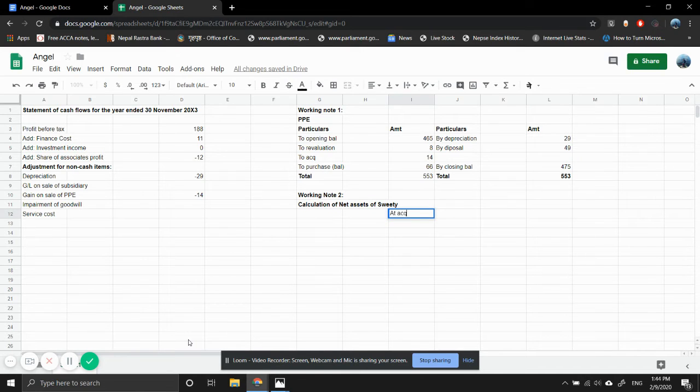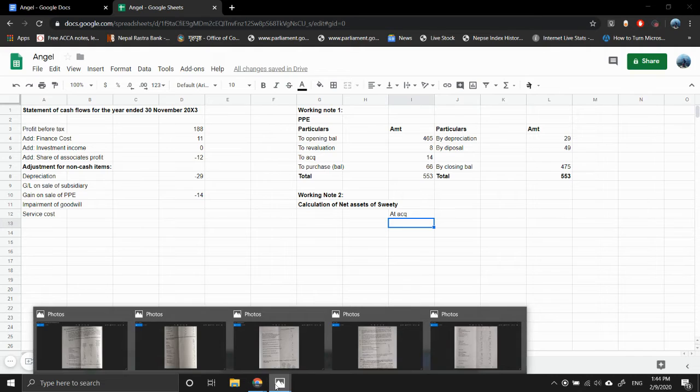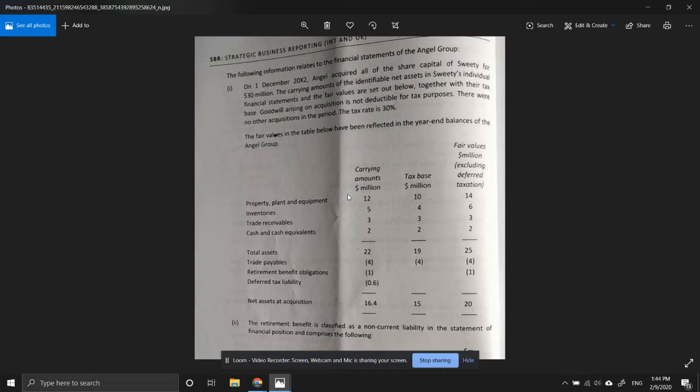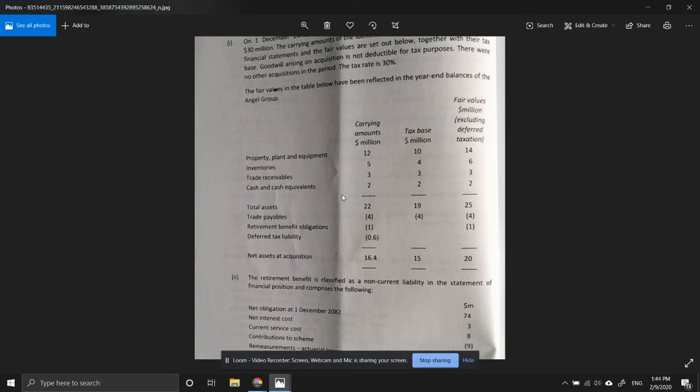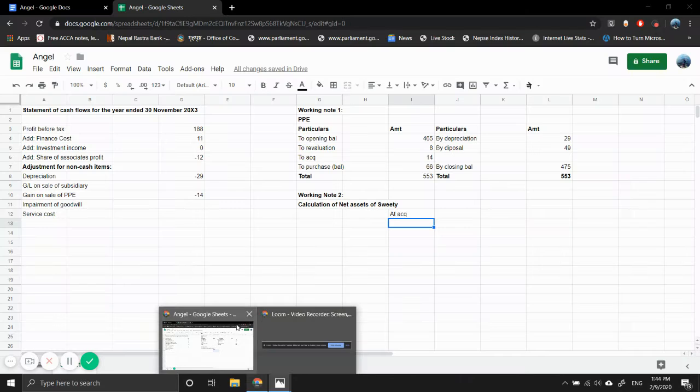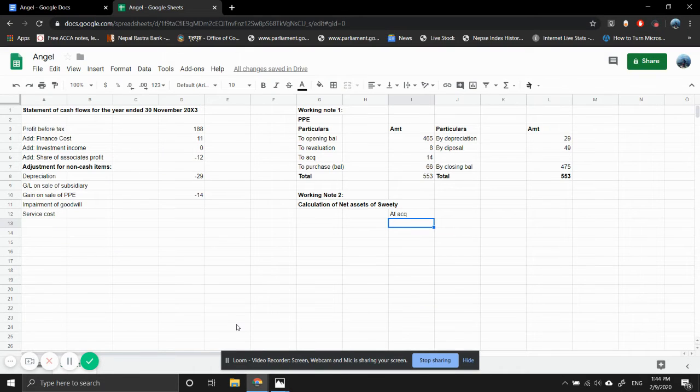So what have we been given? Acquired all share capital at this much, and then the fair value reflected in the year-end balance was this much. So it is 20. We can see that very clearly.